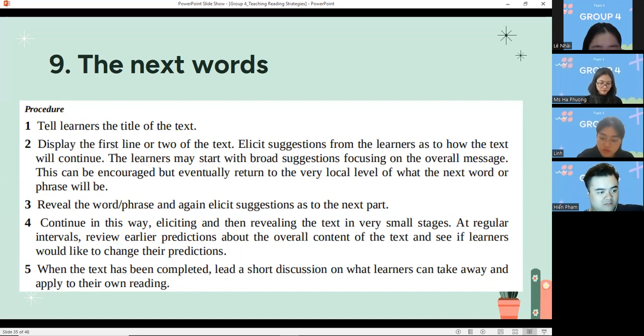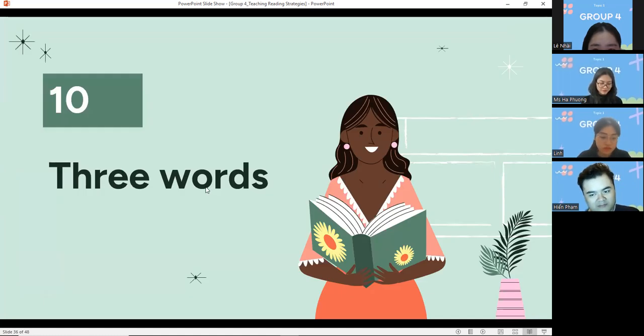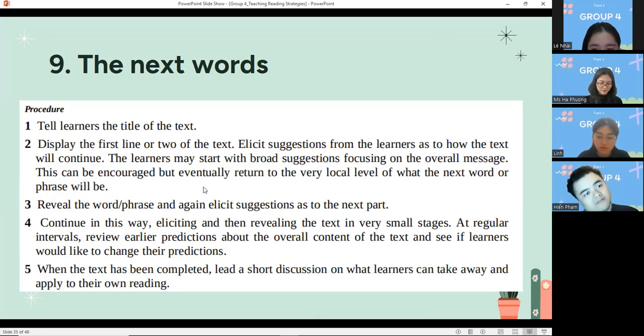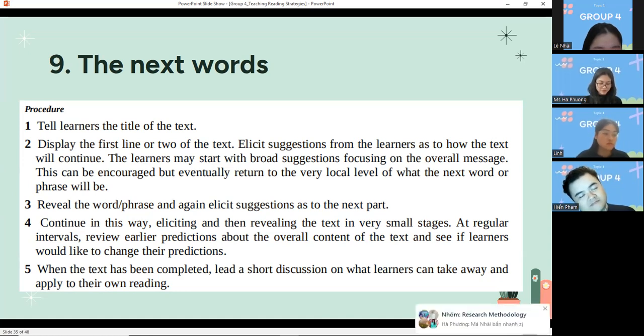As to how the text will continue, the learners may start with broad suggestions, focusing on the overall message, and can be encouraged to eventually return to the very local level of what the next word or phrase will be. Next, the teacher will review the words or phrases again, elicit suggestions, and add the next part.